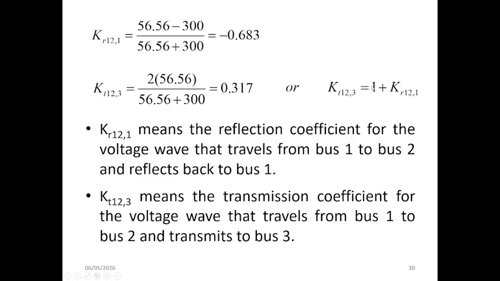This shows that only a smaller portion of the original wave is transmitted forward, while the larger portion is reflected back. These coefficients are very important in transient analysis because they help us understand how switching surges or lightning surges propagate through transmission networks and how impedance mismatches affect wave behavior.